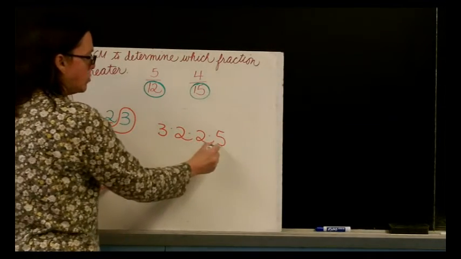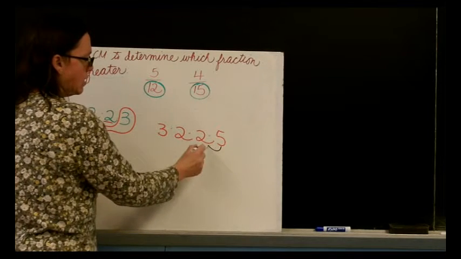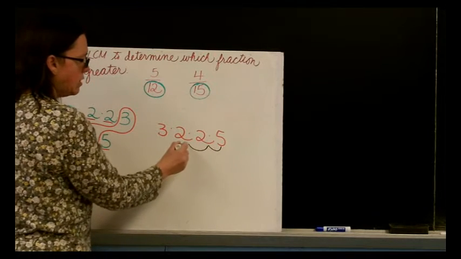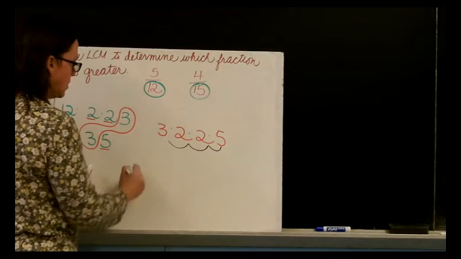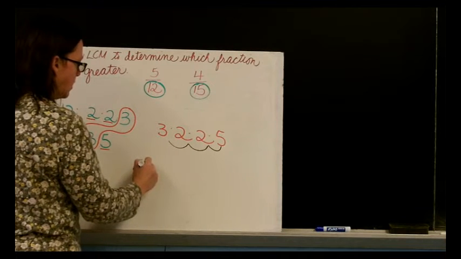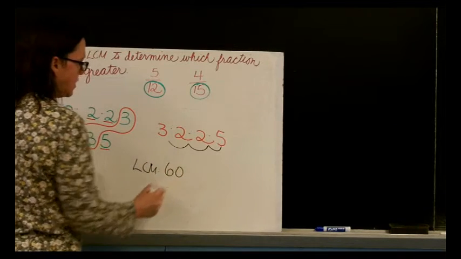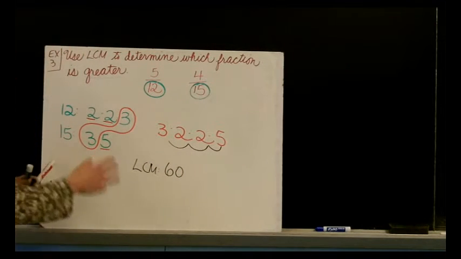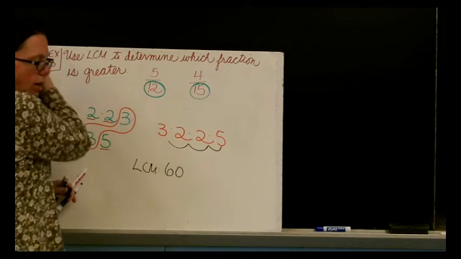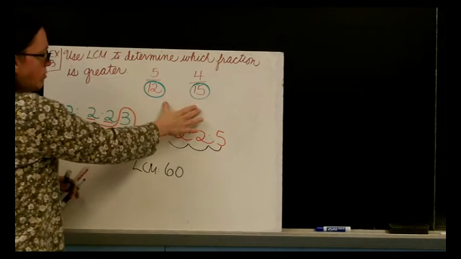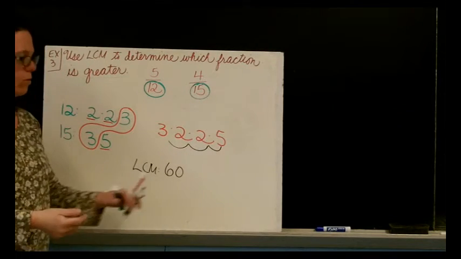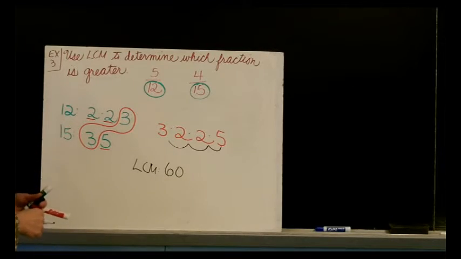So multiplying 2 times 5, we get 10. 10 times 2 is 20. 20 times 3 is 60, making the least common multiple of these two fractions 60. And we're going to use this number 60 to make equivalent fractions so that we can compare. This will be our common denominator.